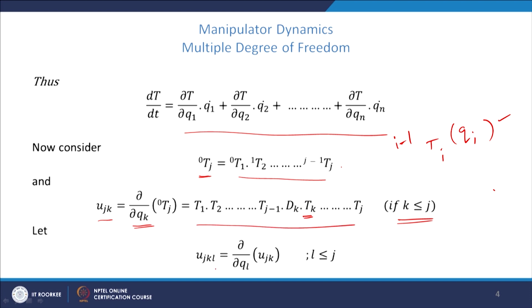Now, if we further differentiate Ujk with respect to ql, where l is again less than or equal to j, then we can denote it by Ujkl. The notation Ujkl means we differentiate Ujk with respect to ql.